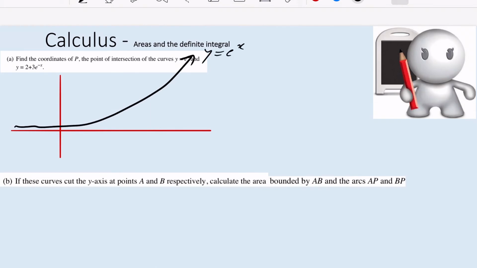And then the other one links us back to our first topic, which is functions. The other one looks like what's happening here. Well, I've got a reflection, I have a dilation, and also I have a vertical translation. I thought that was a nice question to present to you guys.